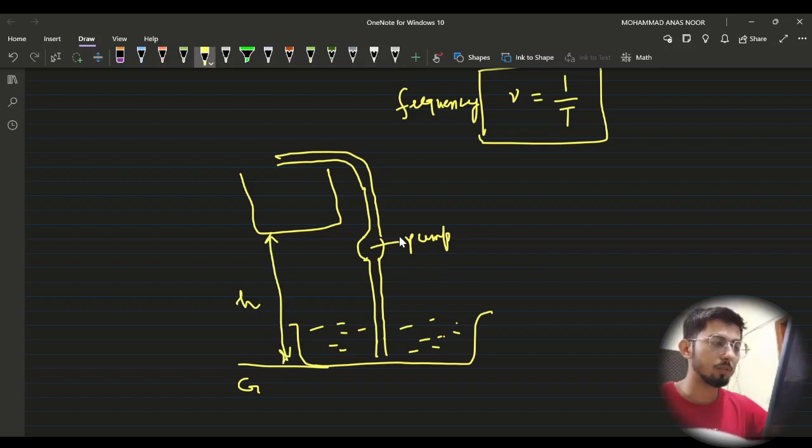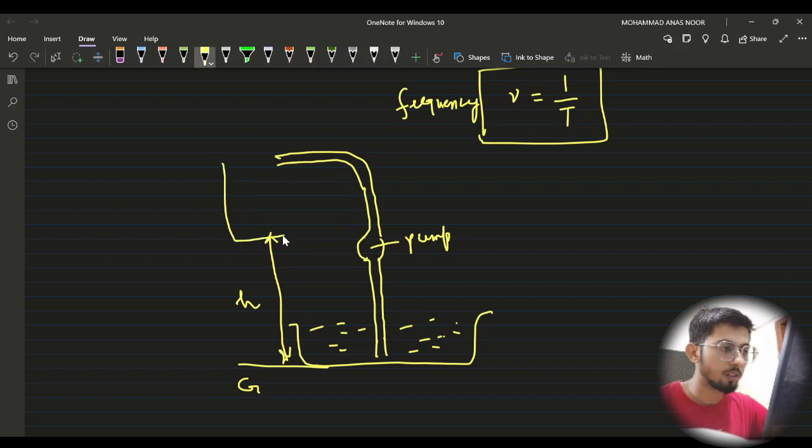Now suppose you also have an opening in this tank, you can get the water out, right? And then you put it back like this.